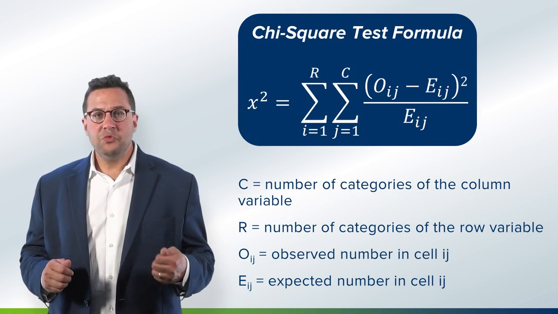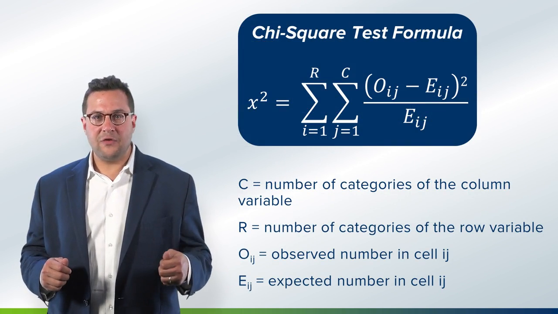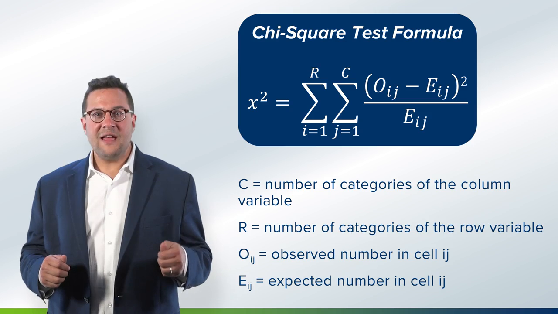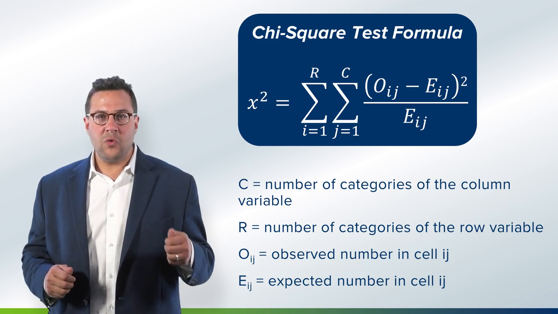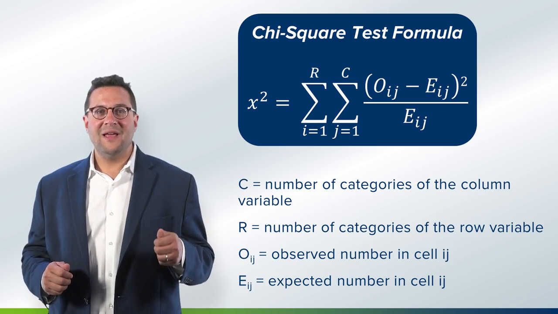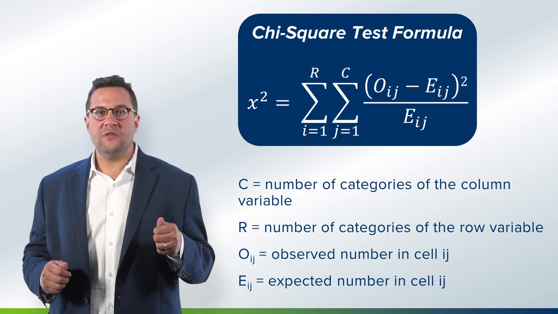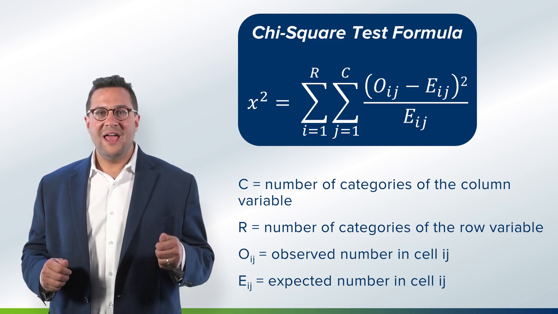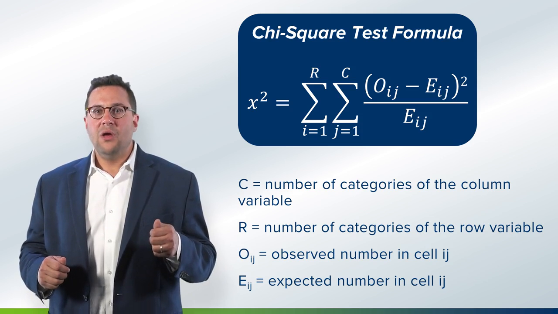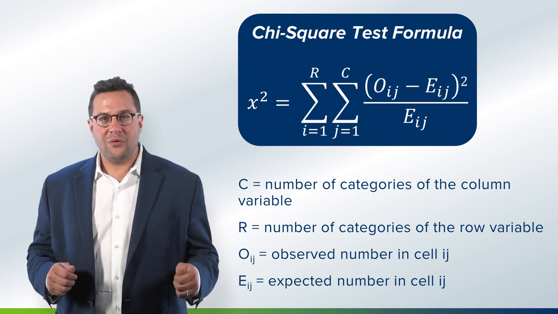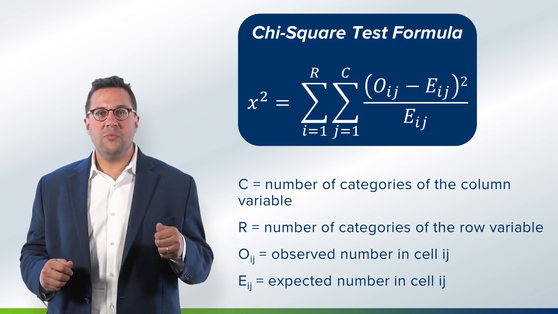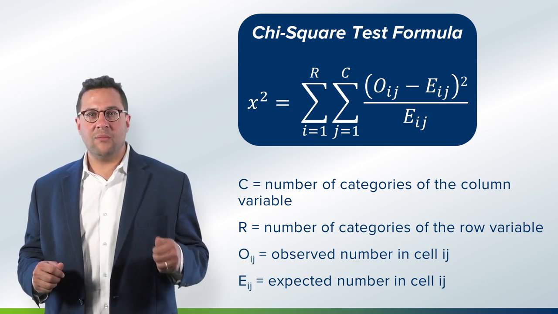From this data, we need to compute the test statistic for the chi-square test. This test is based on this formula, where on the left-hand side of the equation, there is a Greek letter, chi. And then we have a sigma representing the sum from i to R and j to C. C is going to be the number of categories in the column variable, and R is going to be the number of categories in the row variable.